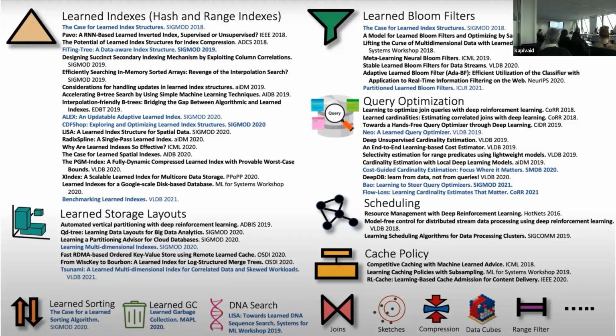These models are able to learn the workload distribution and fit to that, or they're able to learn the data distribution, fit to that and improve the performance. Now, these models range from simple models, like the ones I use today, like linear regression models, to as complex as DNNs and transformers and so on.